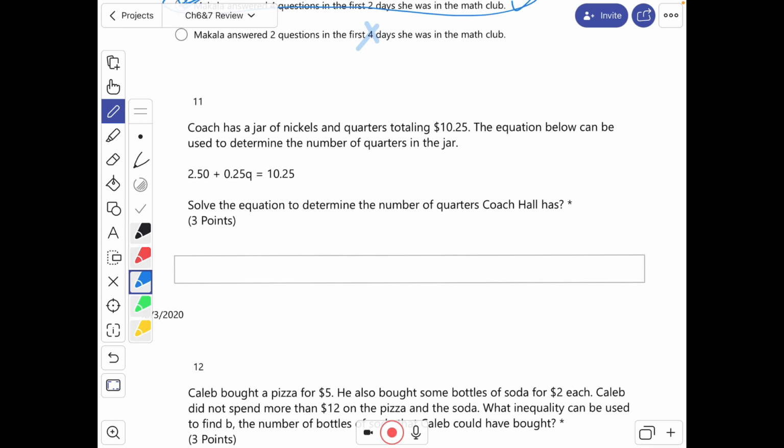Question 11. Coach has a jar of nickels and quarters totaling $10.25. The equation below can be used to determine the number of quarters in the jar. Solve the equation to determine the number of quarters Coach Hall has. Okay, so the way we solve an equation is to get the variable, which is Q, all by himself.